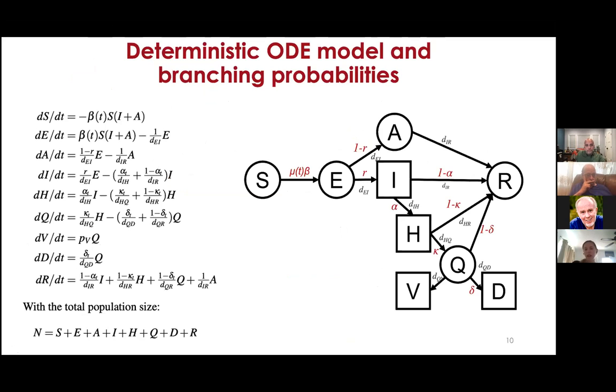Some of the flows in this compartmental model also have these branching probabilities, defined by these parameters that we're estimating. Our compartmental model wouldn't require those parameters. We introduce those parameters into the model so that we can estimate them, because that's actually what we're interested in.